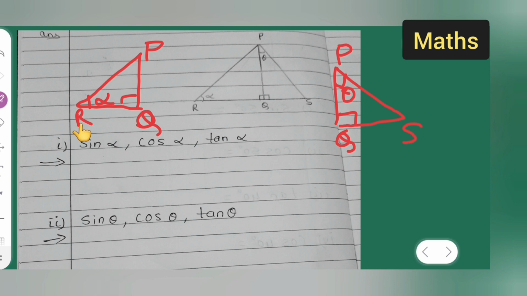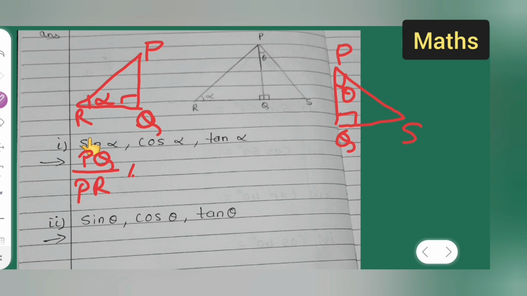So you all can write it down: PQ upon PR, comma. For cos it is adjacent upon hypotenuse. Now the adjacent of this is RQ, upon hypotenuse PR, okay. So it is RQ upon PR.